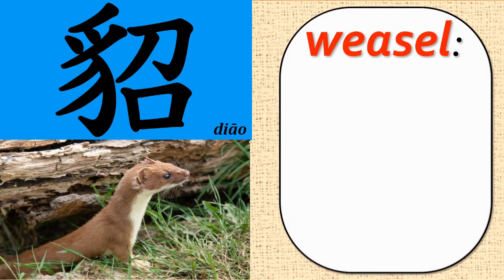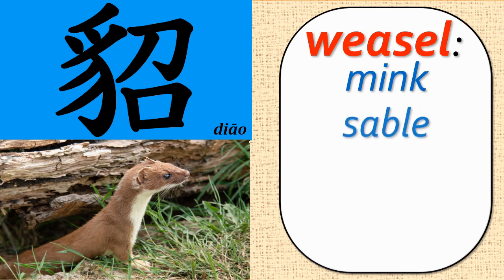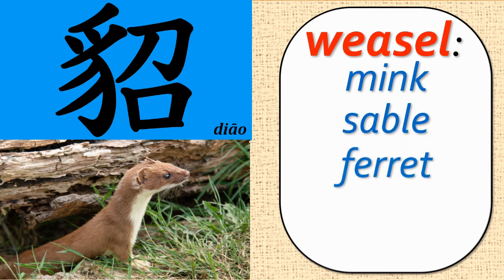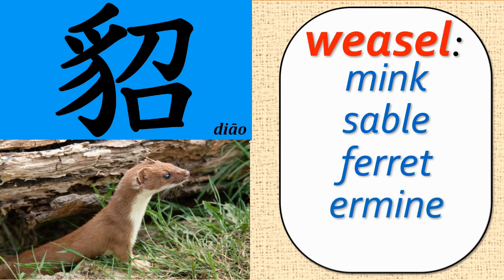This character represents the weasel family, including the mink, sable, ferret, ermine, and marten. Chinese will add another character to differentiate the species. For example, 水貂 for mink, 黑貂 for sable, 雪貂 for ferret, and so forth.